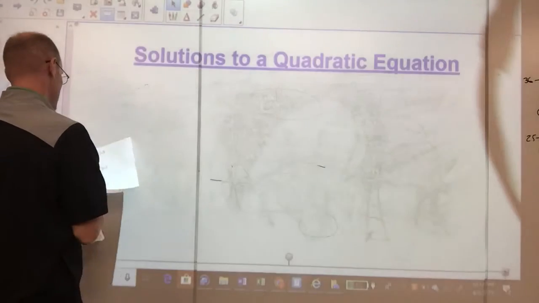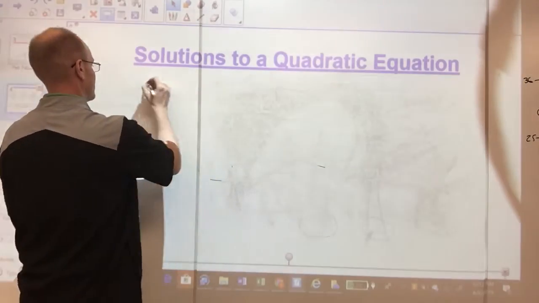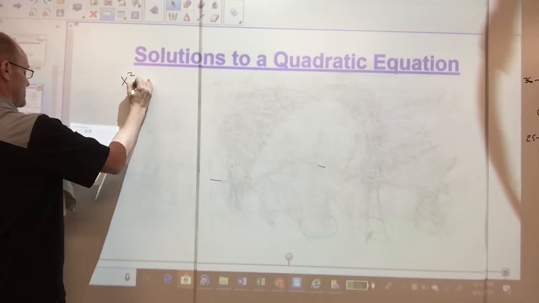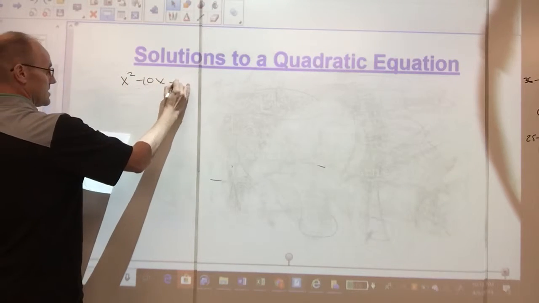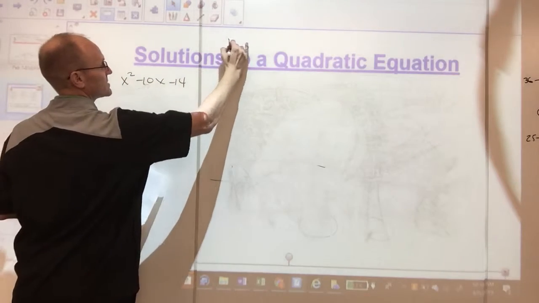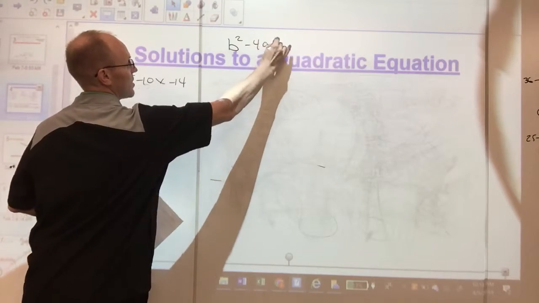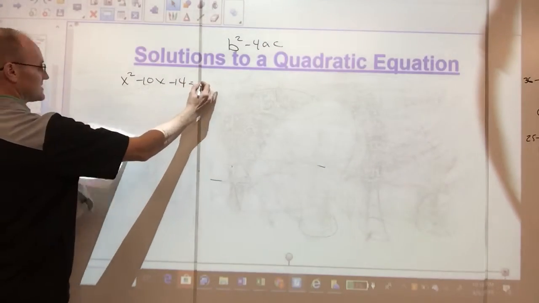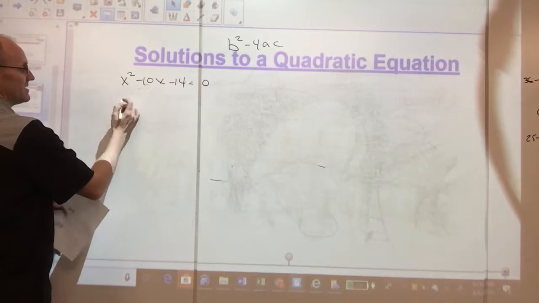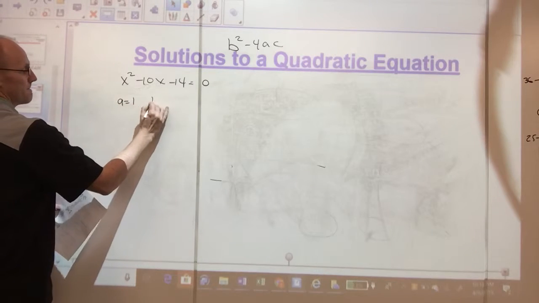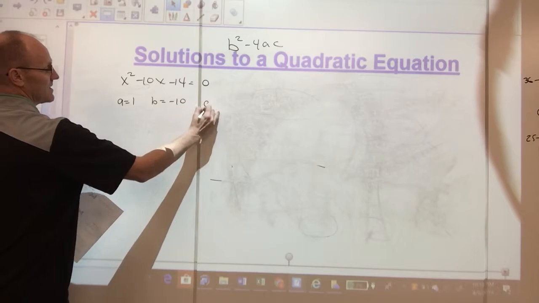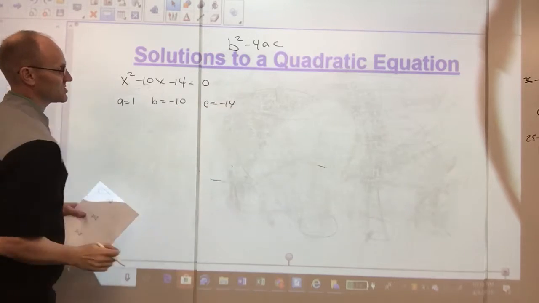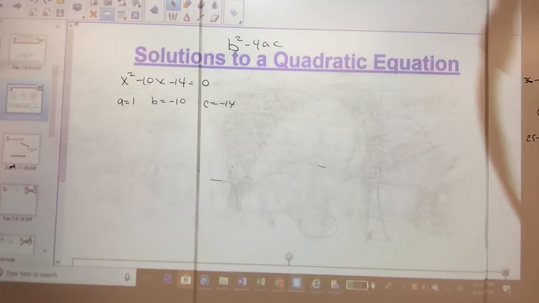All right, example 1. You've got x squared minus 10x plus 14. Remember, b squared minus 4ac. That's all we're doing. What is the discriminant? This has to be equal to 0, otherwise you've got to get that. So a equals 1, b equals negative 10, and c equals 14.